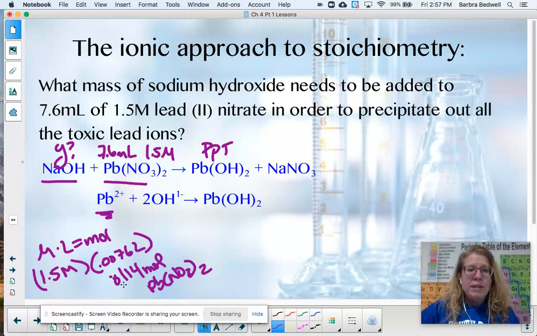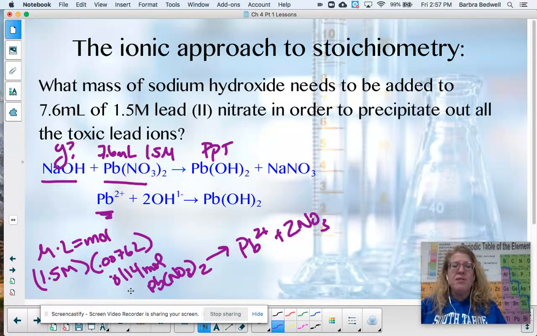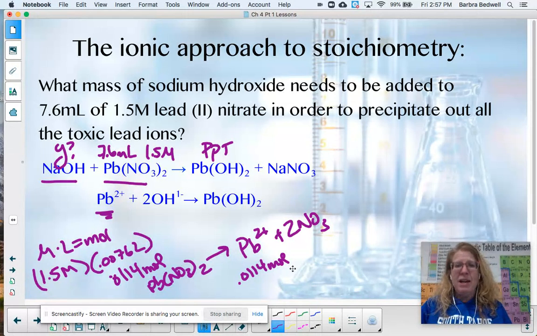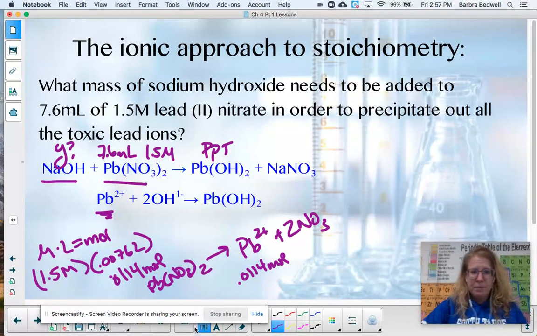If I have 0.0114 moles of lead(II) nitrate, remember how this dissociates. It dissociates into lead ions and 2 nitrate ions. So I have 0.0114 moles of lead ions present. Again, I'm just using that 1-to-1 ratio.